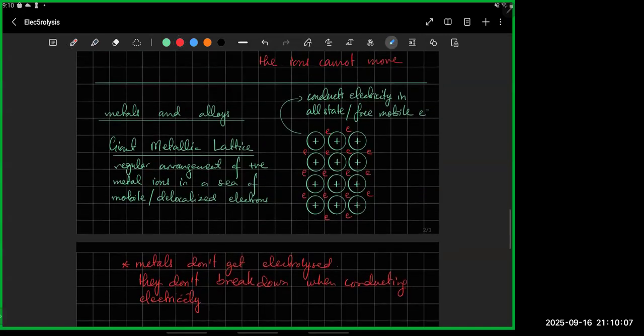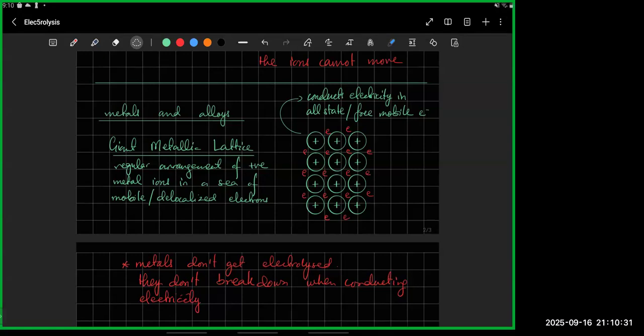The only thing that happens in metals is that electrons come in on one side and flow out the other, and the metal remains completely unchanged. For example, this electron goes to one side, and another electron comes from the power station and replaces it. So there's a constant flow of electrons, but the structure doesn't change.